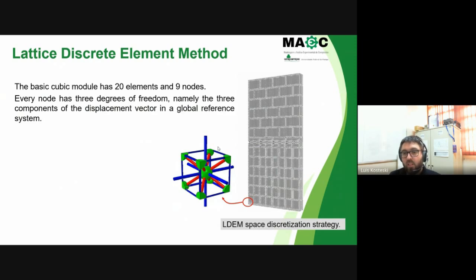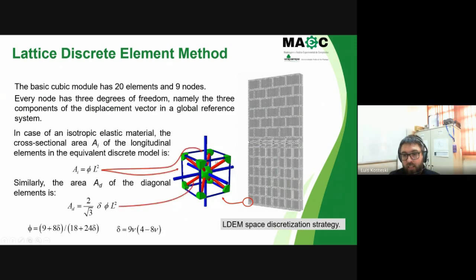Every node has 3 degrees of freedom in the direction of the displacements. We calculate the area of every one of these elements to represent exactly the elastic properties of the solid that we represent. This is the discrete strategy of the representation of the model.